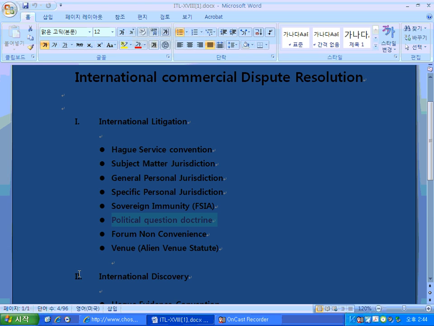In this context, you see some important statute dealing with this question, the Alien Venue Statute, which was promulgated by the United States, and it is a concern of federal litigation. So with respect to federal litigation, the Alien Venue Statute provides that aliens may be sued in any federal judicial district.